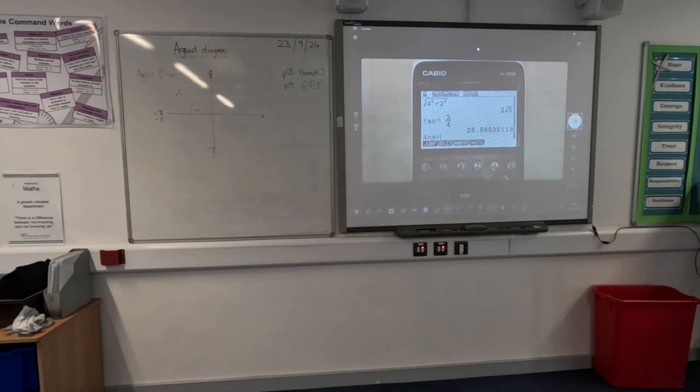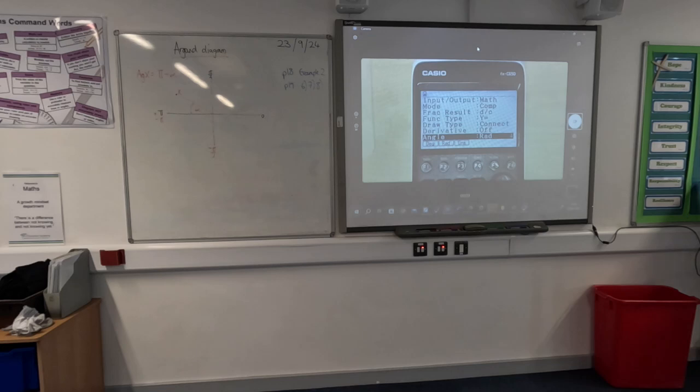If you're in the calculation mode, shift setup, and you should find it there. Gra is gradient, whereby 90 degrees is 100.